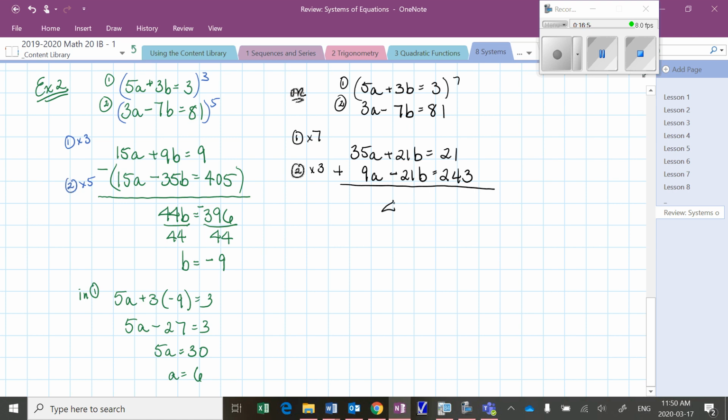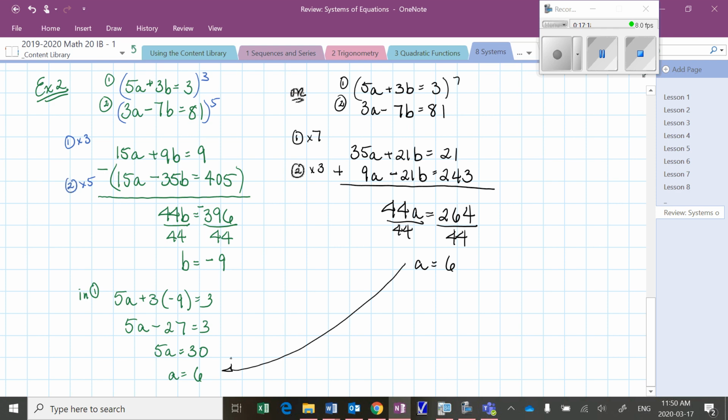So then now I just have 44a is equal to 264, and you can see that probably would have been better had I lined up my place values as well. Then we divide both sides by 44, and it turns out that a is of course 6, and that shouldn't be any surprise.